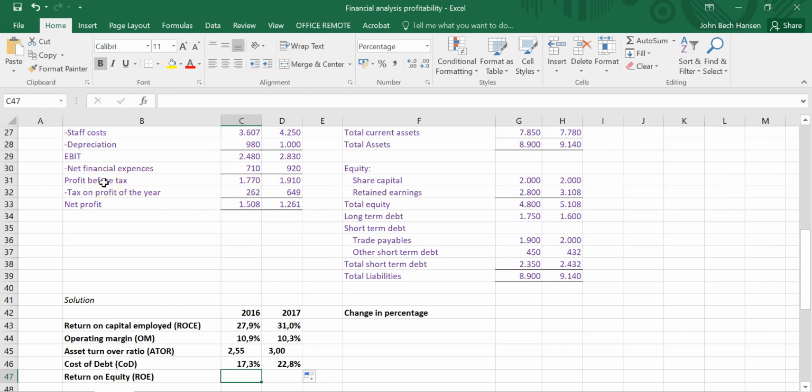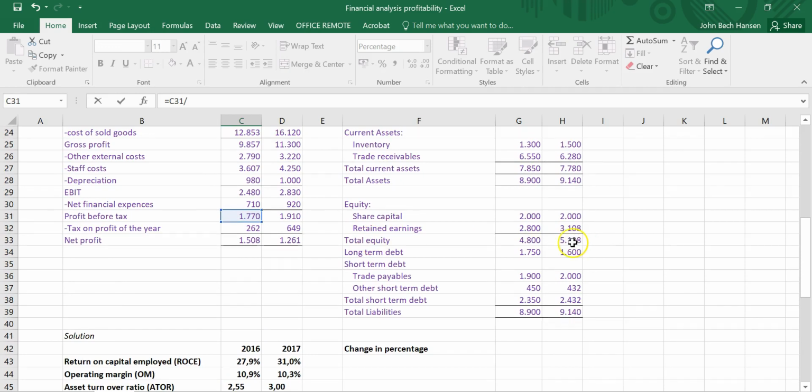So we can make a pick and say we want to calculate return on equity on profit before tax, or in some cases you could also choose the net profit after tax. I choose to calculate the return on equity on the profit of the company before tax, divided by equity.